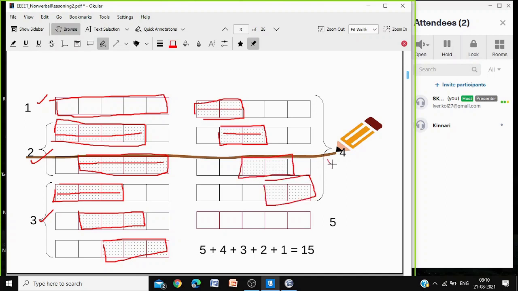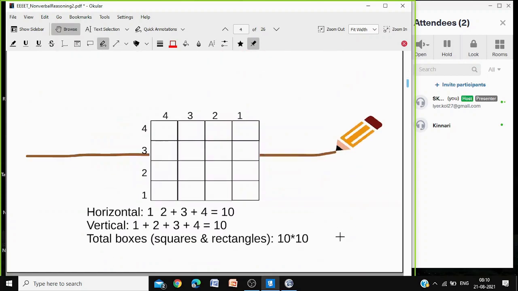And if you take all separately, that would be 5 separate boxes. So what we got here: 1, here 2, here 3, this is 4 and this 5. So how much we got is 5 plus 4 plus 3 plus 2 plus 1. The same thing we would do in vertical. Now understood, Betty?